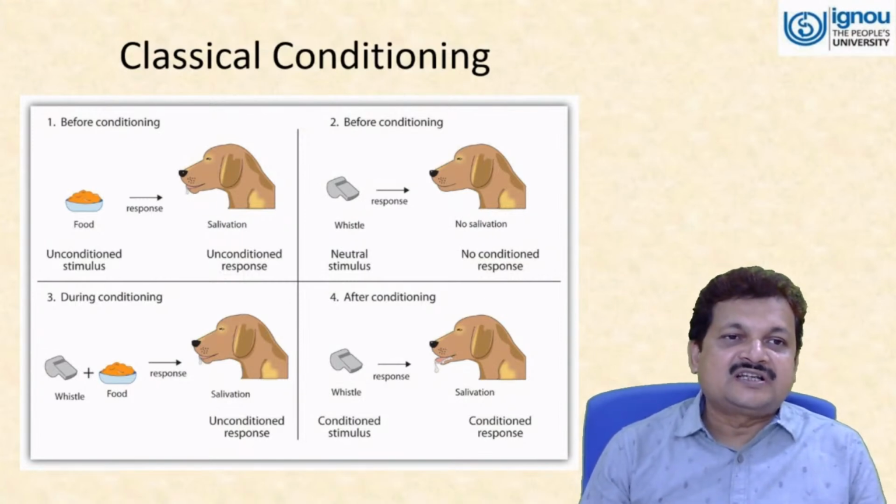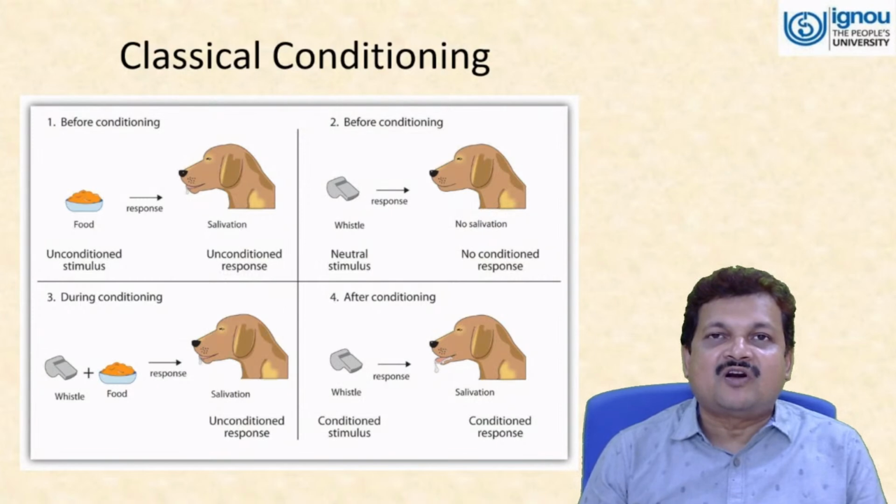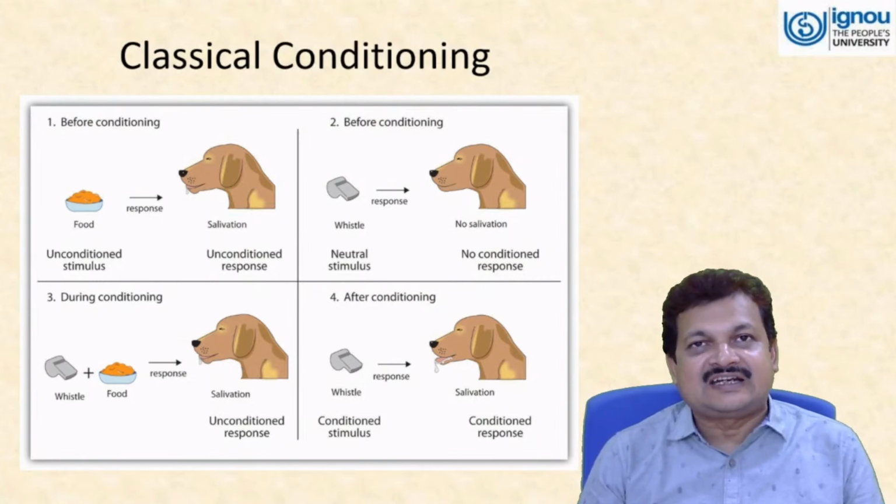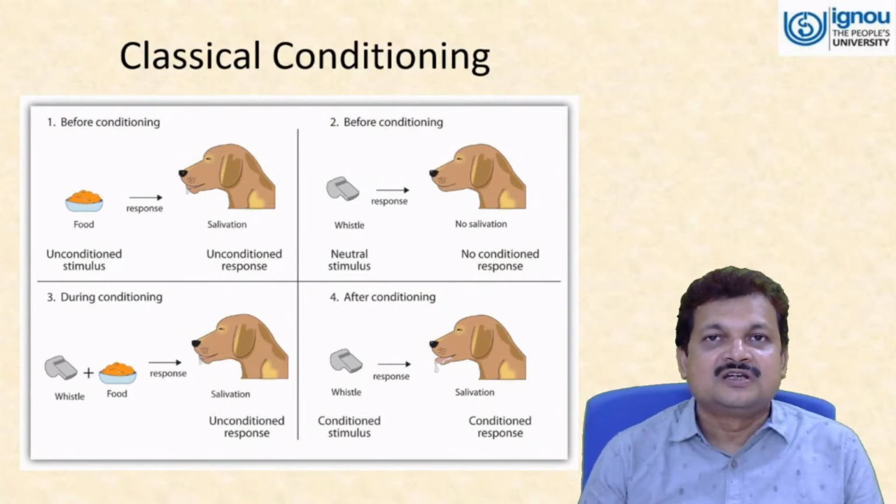We call it an unconditioned stimulus, because you have not put any kind of condition; you have simply shown the food. And the unconditioned response is also something you have not told or designed the dogs to give.